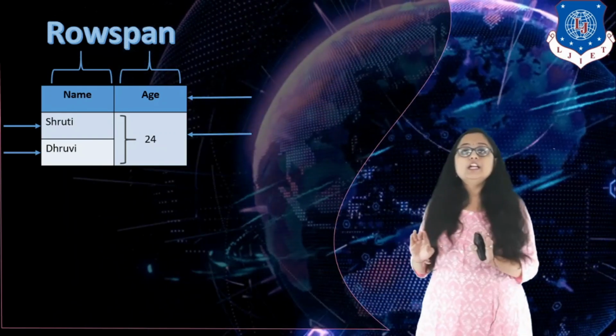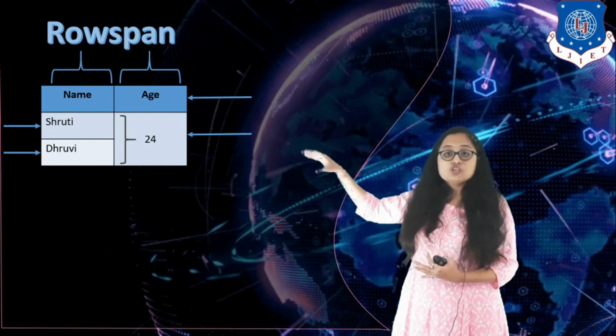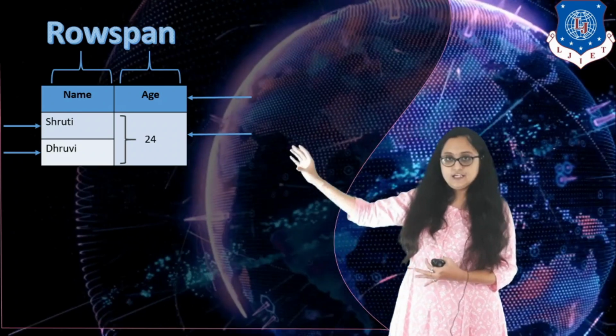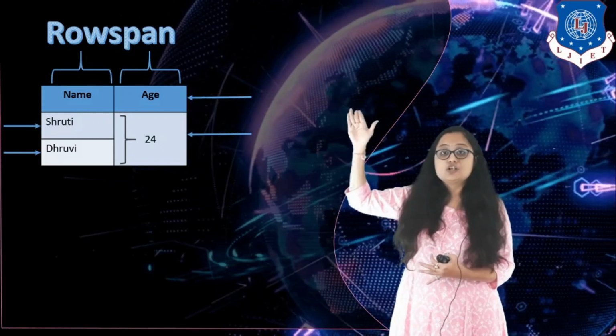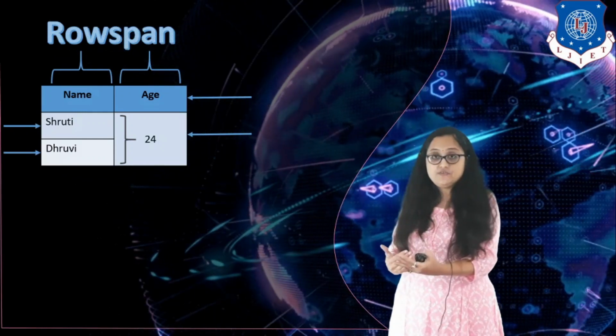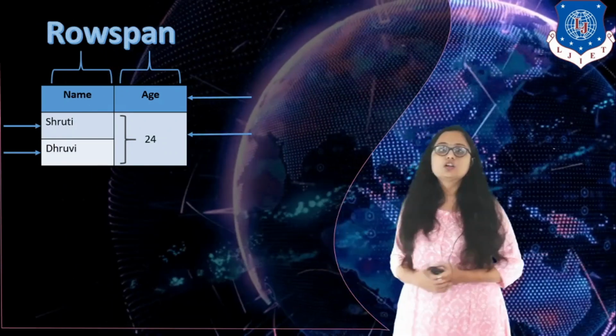You don't need to specify the spanned column, right? That would be redundant, because you have already specified in the second row that the second column is spanned and is a combination of the second row and third row. You don't need to write the TD in your third row.